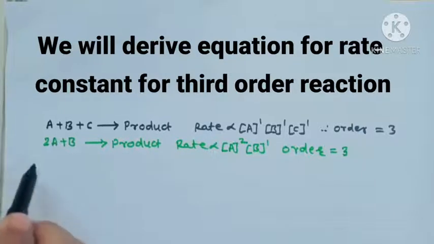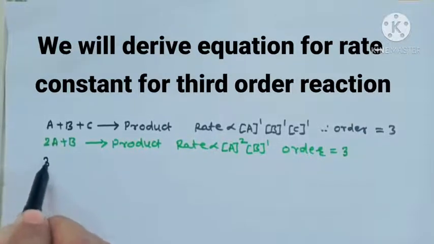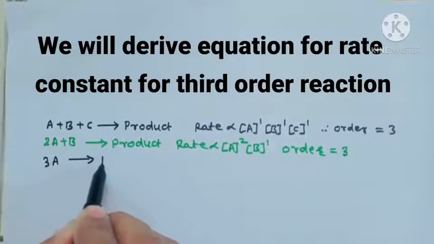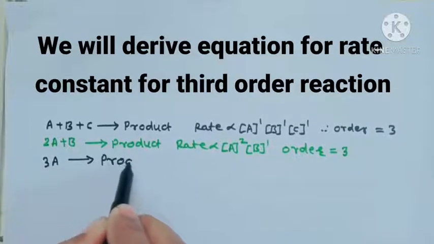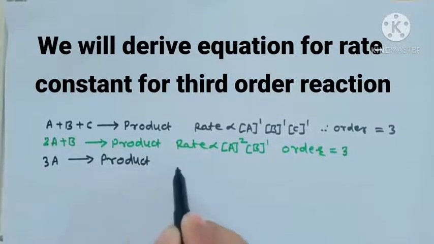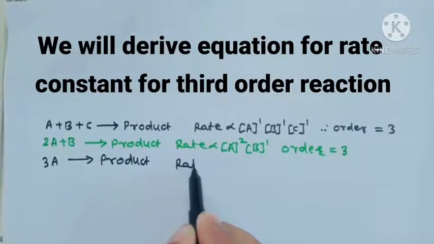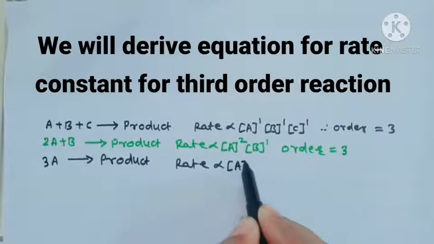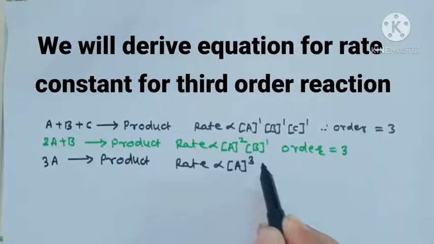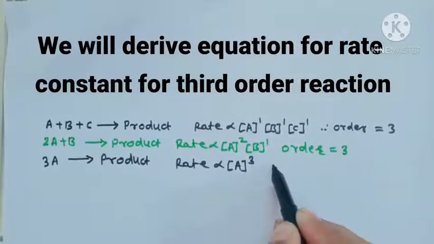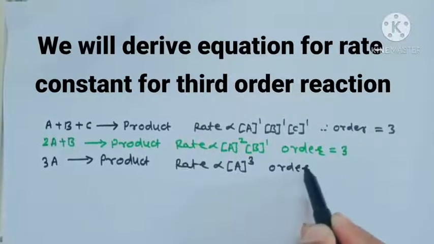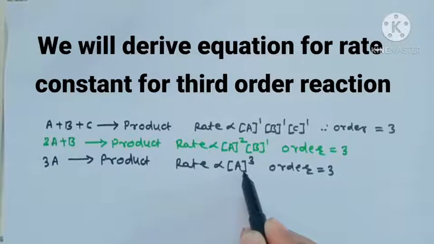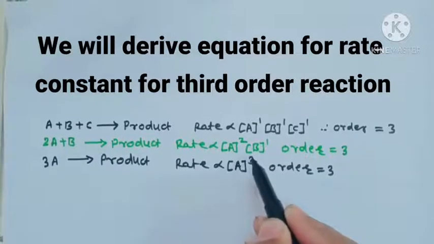The third reaction possible is thrice A giving the product. So the rate of this reaction is directly proportional to the concentration of A raised to 3, and order is equal to 3, since the power of the concentration term is 3.